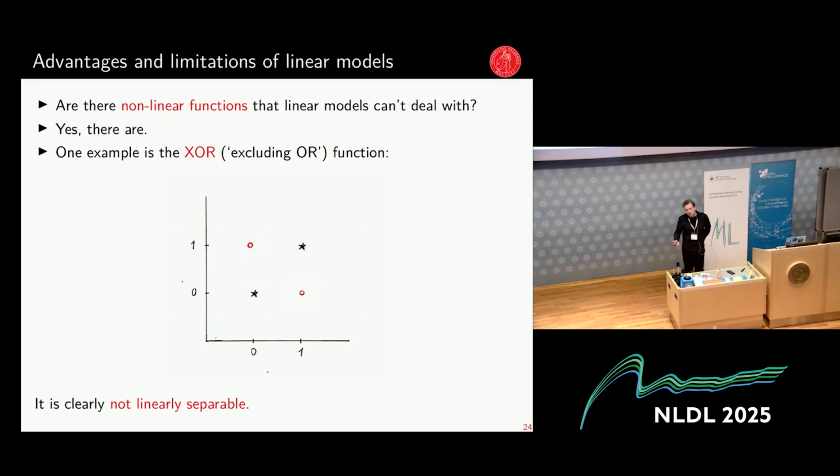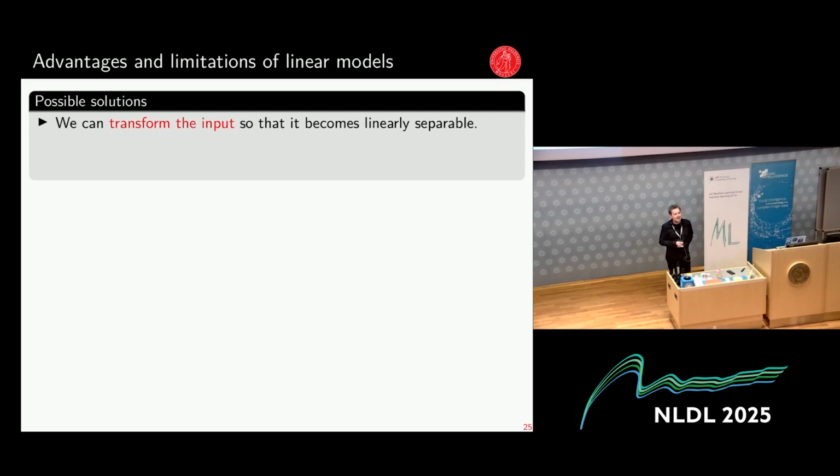And many real-world problems are examples of such non-linearly separable datasets, right? So in order to devise a classifier which will be able to make correct predictions on datasets like that, we can somehow transform the input. We can transform the representations of the instances in this dataset so that the dataset becomes linearly separable.